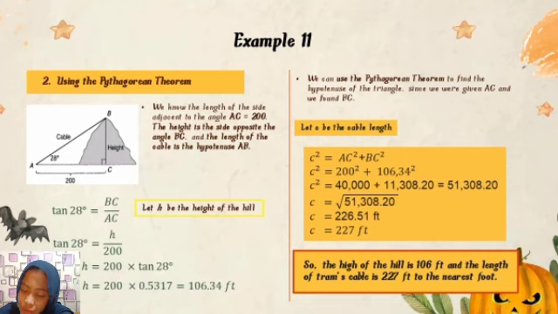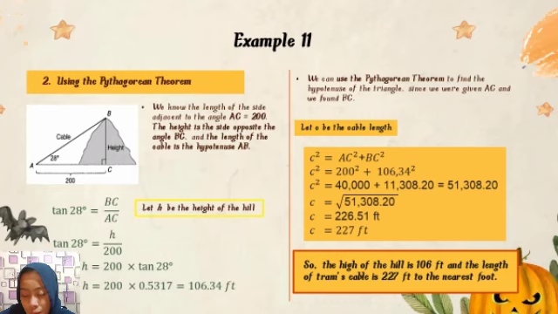C to the power of 2 equals AC to the power of 2 plus BC to the power of 2. C squared equals 200 squared plus 106.34 squared.